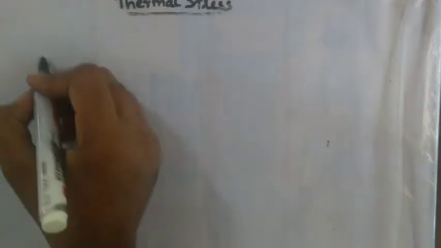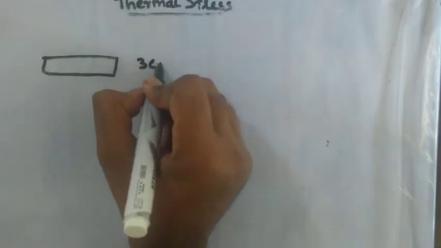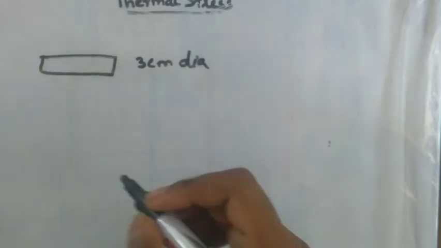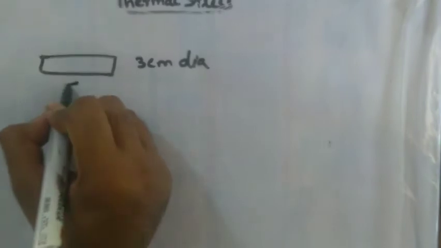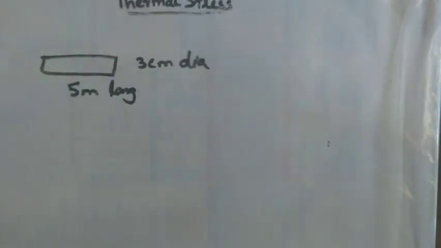I know you guys will be more interested in numericals rather than theory, so I'll be giving you a numerical problem. Consider a steel rod. Its diameter is 3 centimeter and its length is 5 meter.